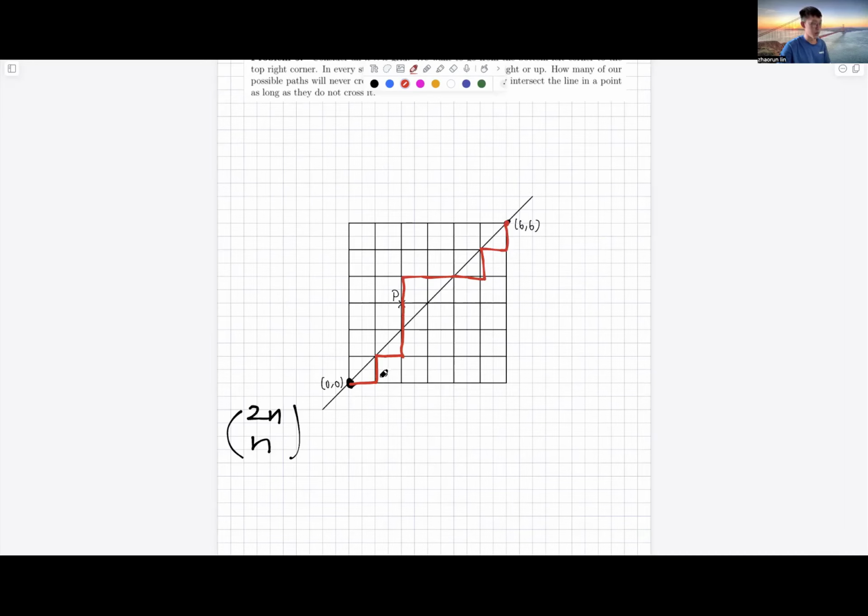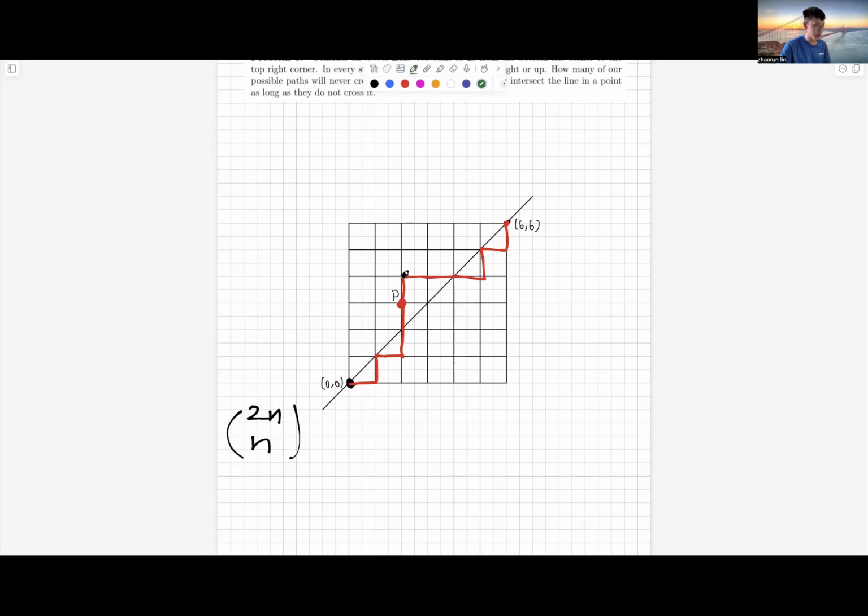So we can consider the reflection of the path just after we cross this line. At the point P, we consider the reflection of the remaining path. Every up, we translate it to right, and every right, we translate it to up.